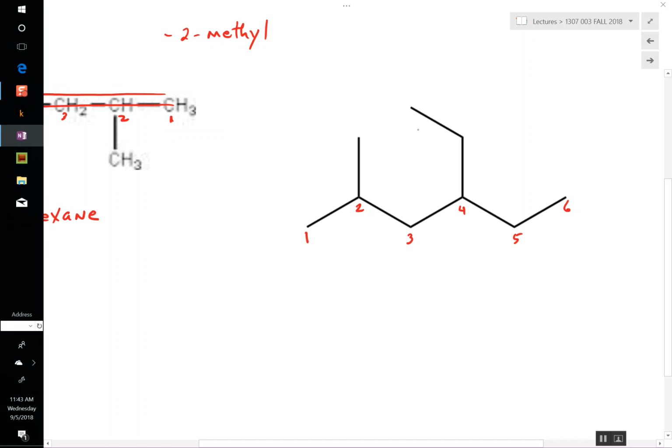And what it is showing you there is what an ethyl looks like in the line diagram. A methyl is just a straight line. But an ethyl needs to bend. Doesn't matter which way it bends. And it also doesn't matter whether it starts up or down. It just has to be on the right carbon. That is an ethyl substituent.